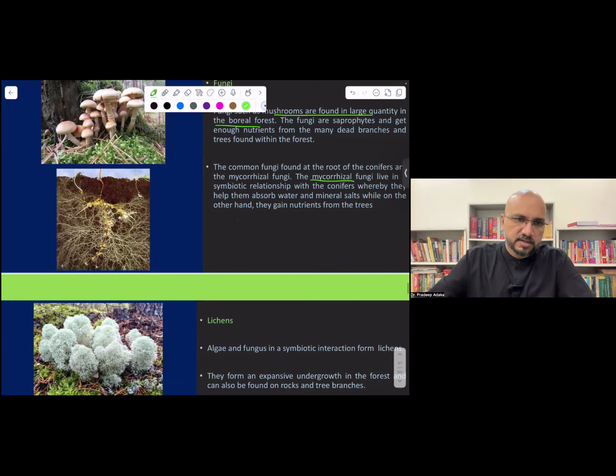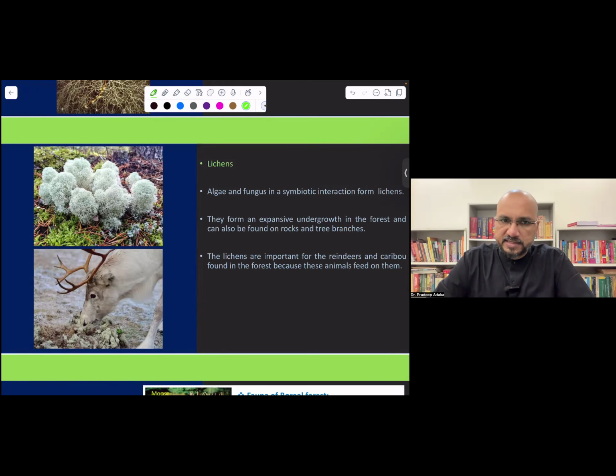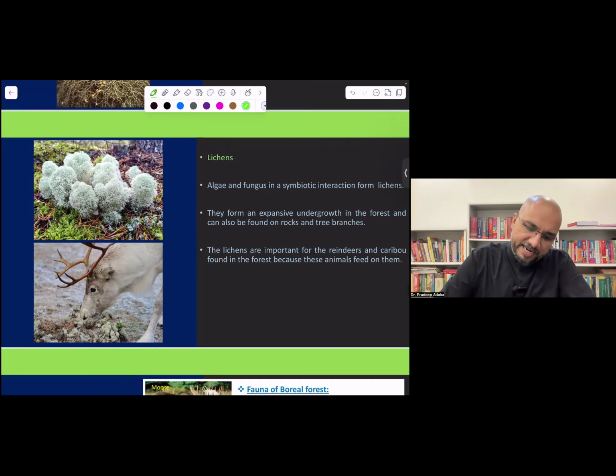Now another important characteristic is lichens. Lichens are very common. Lichen is an association of algae and fungi. Lichens are also a source of food to many animals like reindeer and caribou.